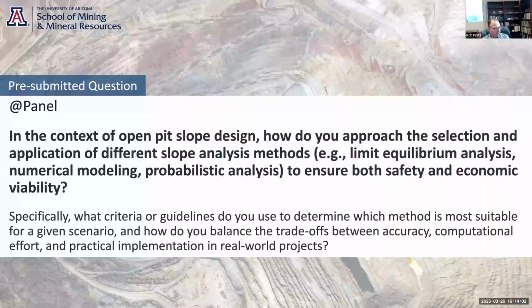Yep, I think balancing time, budget, level of study, standard of care, all of those things, along with all the technical stew of factors that go into what is going to control the slope design, is just as much of a factor as anything.